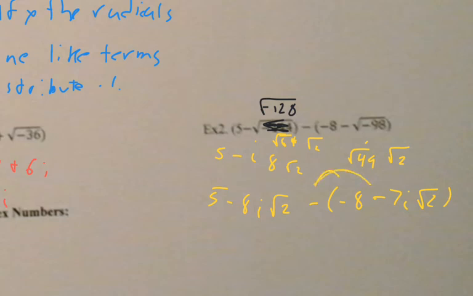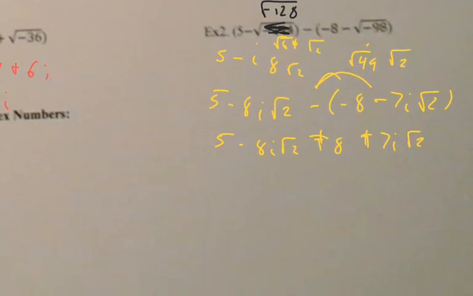Distribute our negative, so we're left with 5 minus 8i radical 2 plus 8 plus 7i radical 2.